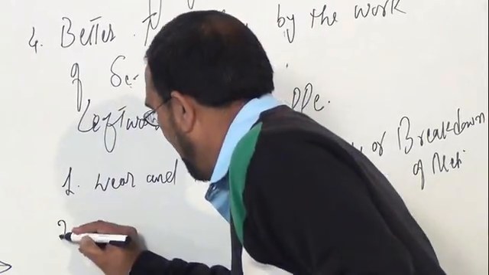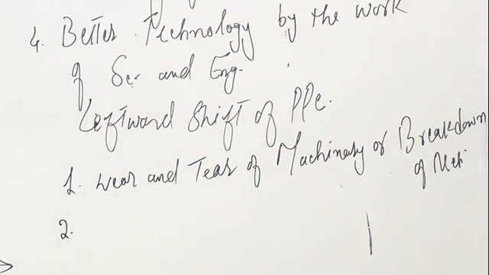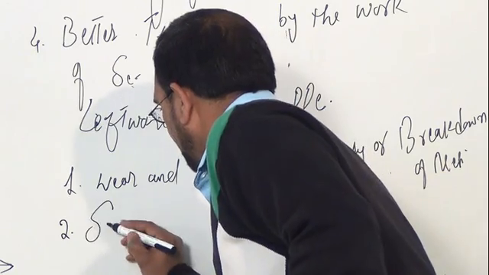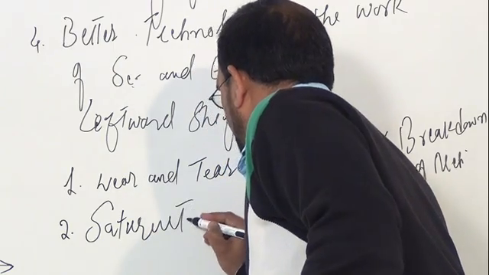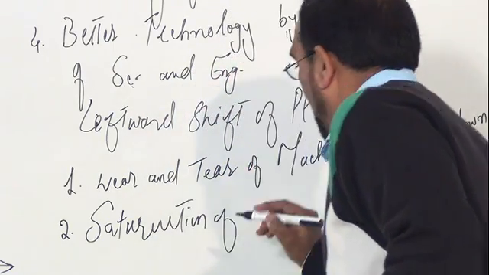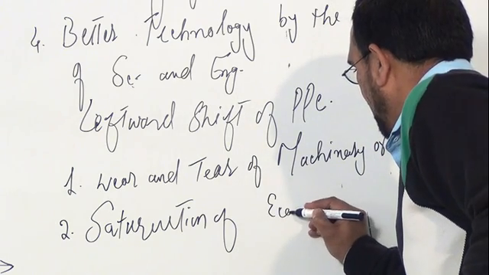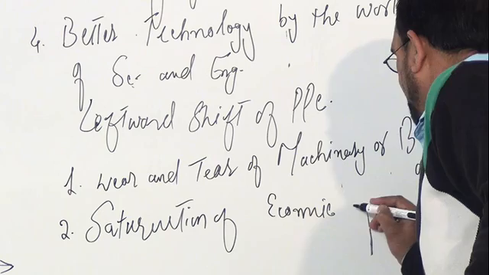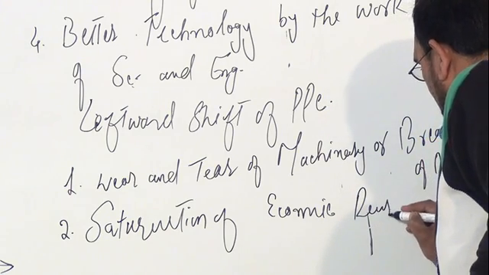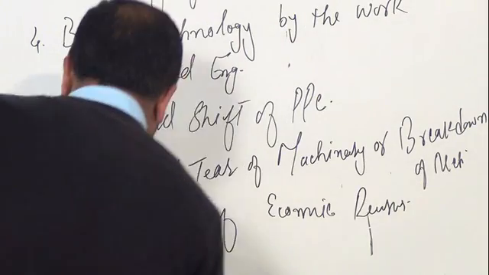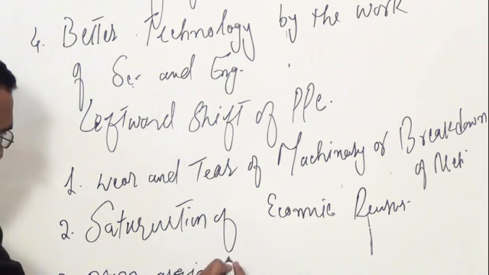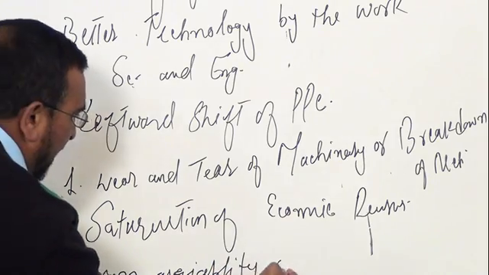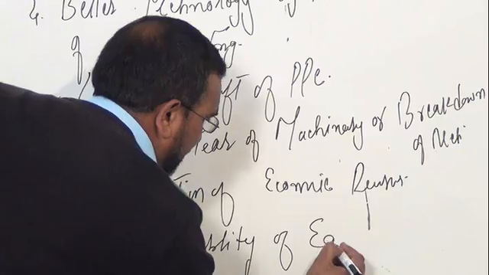Number two I am going to write, that is saturation of economic resources. Then number three, non-availability of equipments.